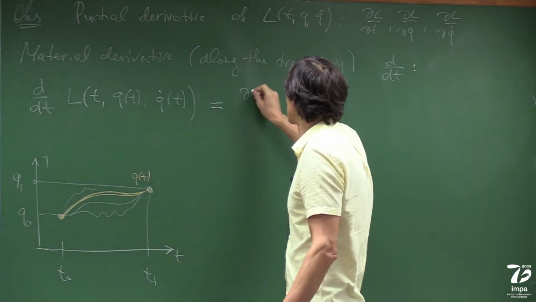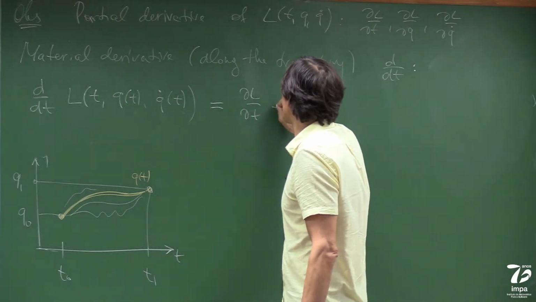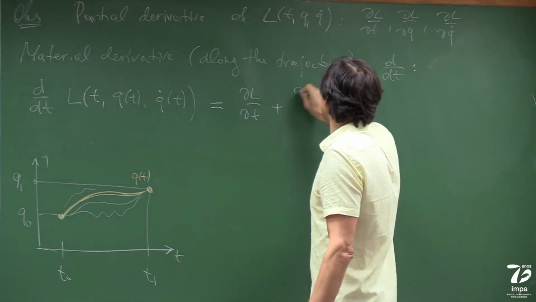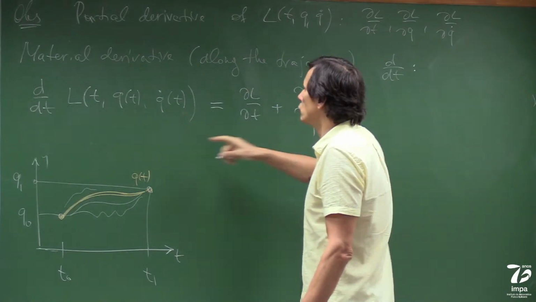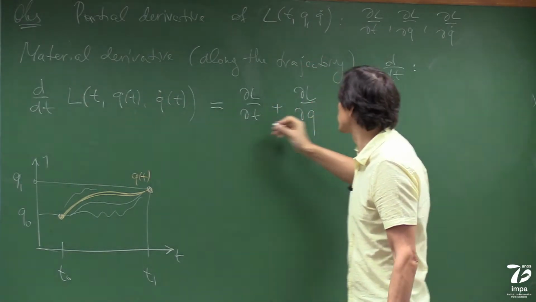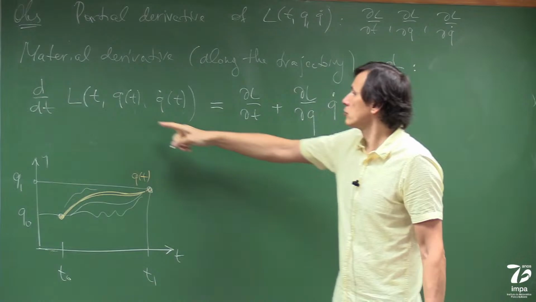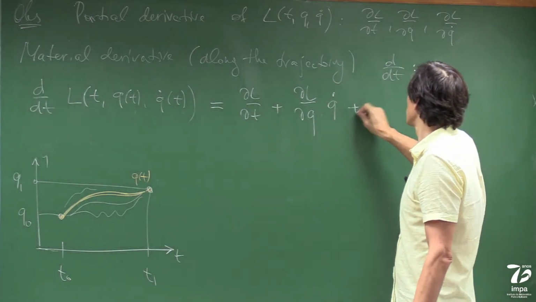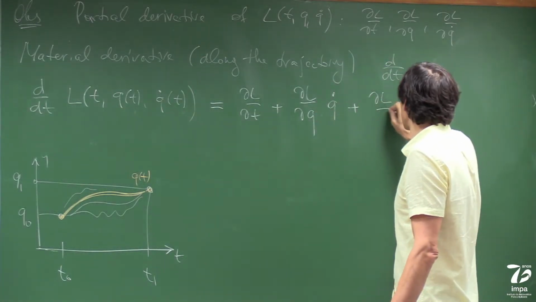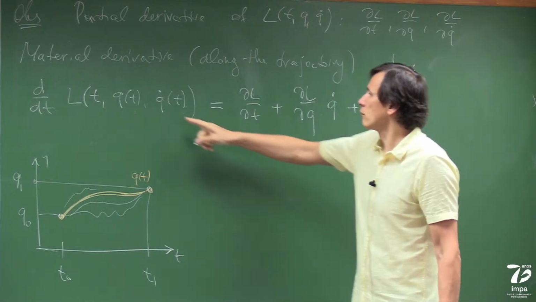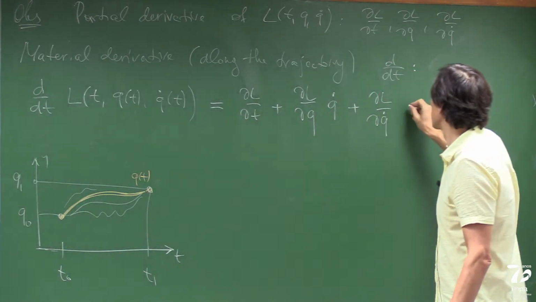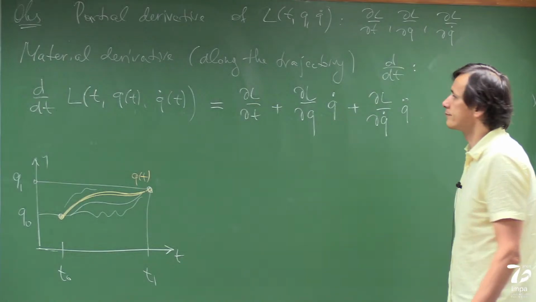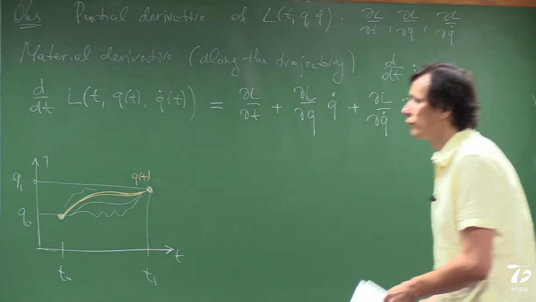The first term will be the partial derivative, then the derivative with respect to q and dq/dt, which is q dot. Then you have the derivative with respect to the second, third. And the derivative of q dot with respect to time will give you q double dot. So this is the meaning of this expression.